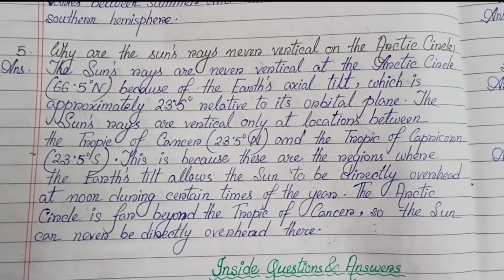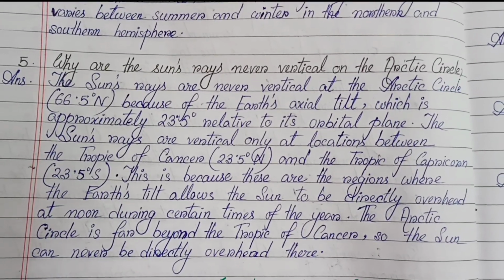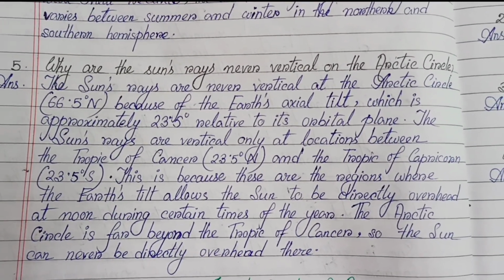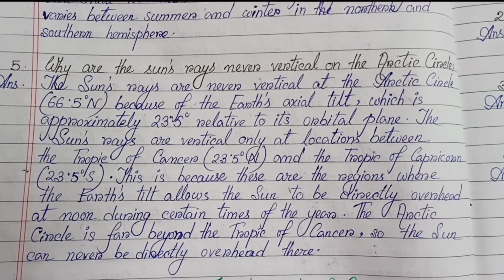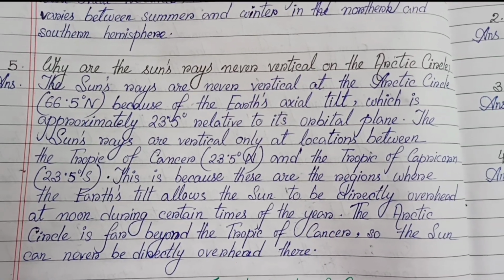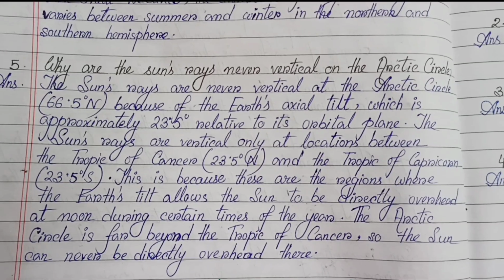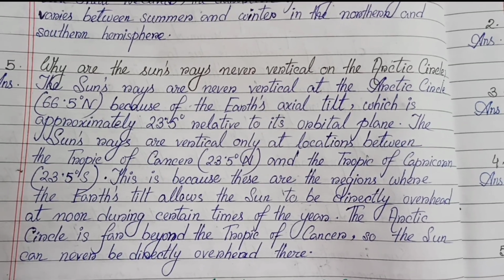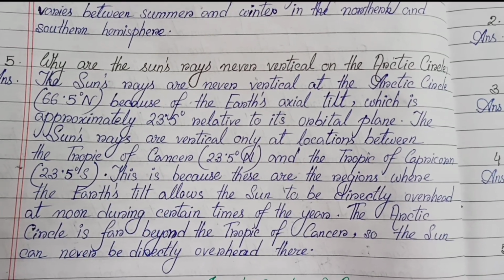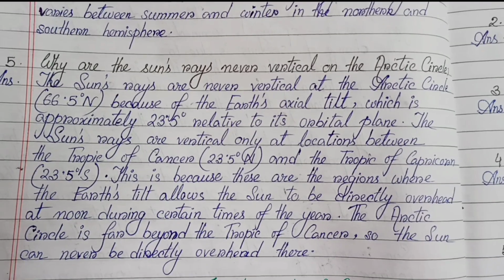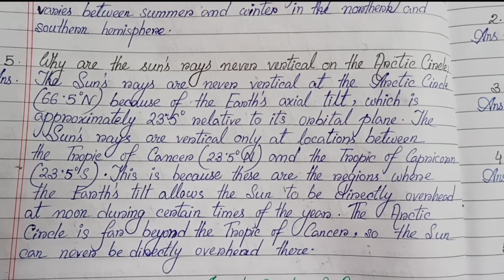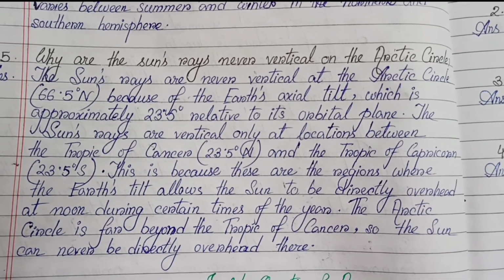Number 5. Why are the sun's rays never vertical on the Arctic Circle? The sun's rays are never vertical at the Arctic Circle, 66.5 degrees north, because of the Earth's axial tilt, which is approximately 23.5 degrees relative to its orbital plane.